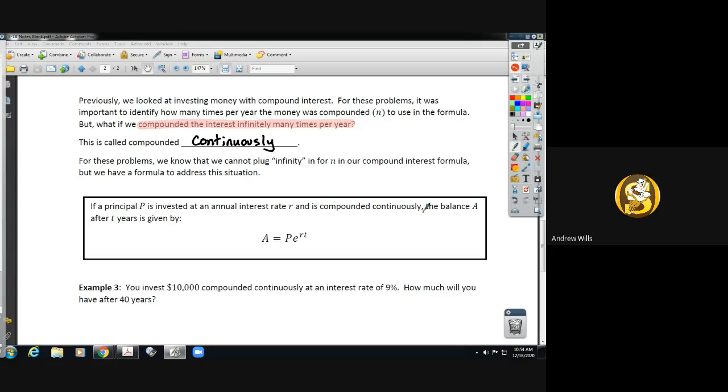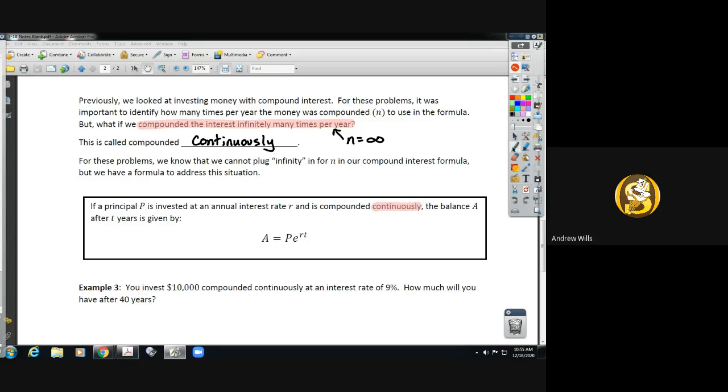Cool. It's an entirely different equation, essentially. Because we can't plug in infinity for n. We can't take n equals infinity and plug it into our compound interest formula. So we actually have a separate formula for when we see this word continuously.